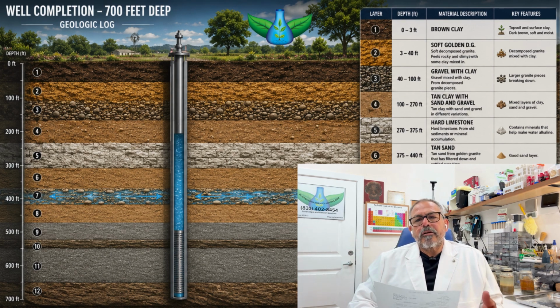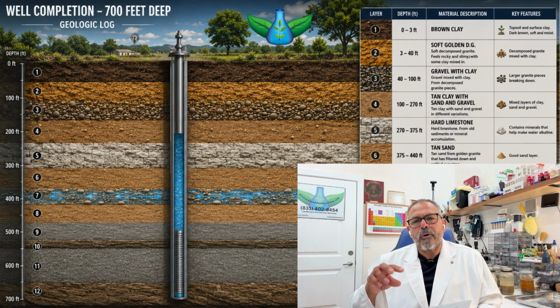We use decomposed granite a lot in landscaping, and if it's not too decomposed, it can be used as a base rock, like what you see on highways, roads, driveways, and even walkways. The finer material is often used around homes for landscaping, walkways, and decorative areas.